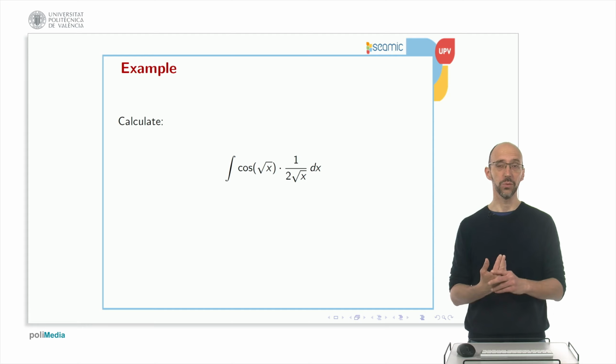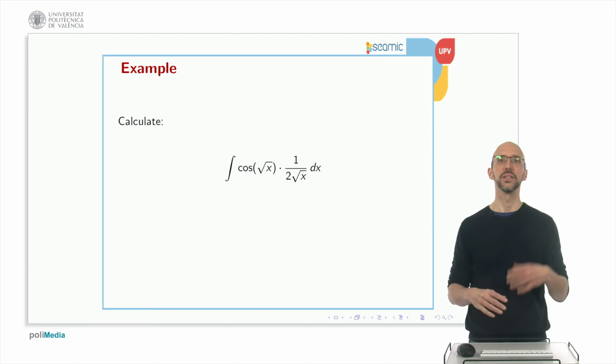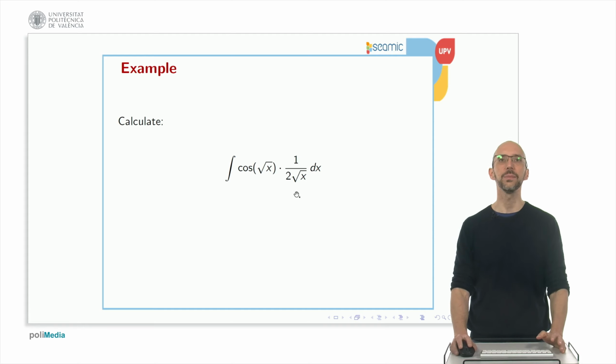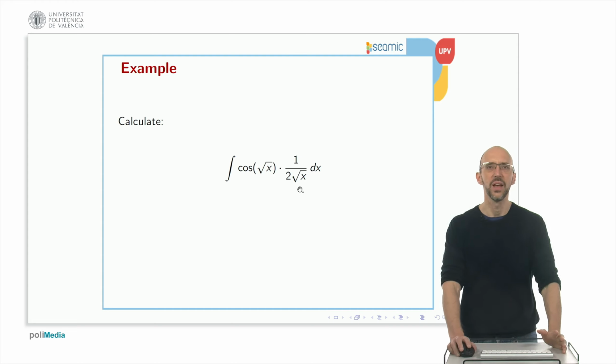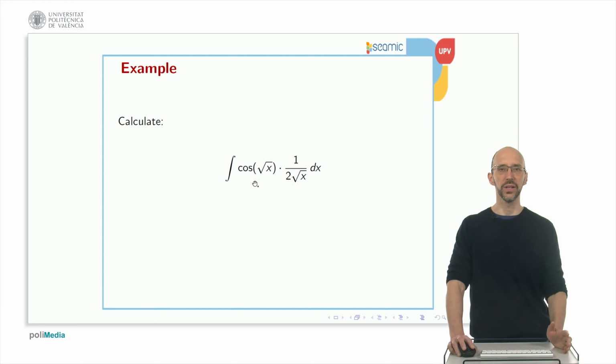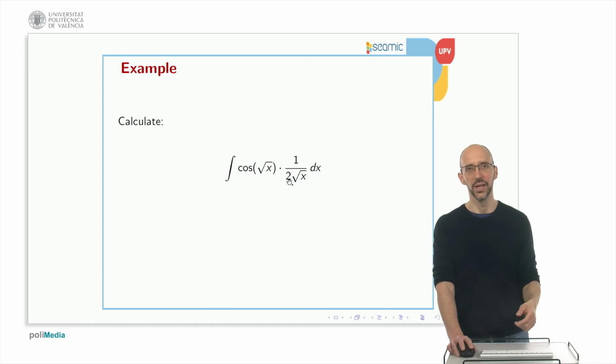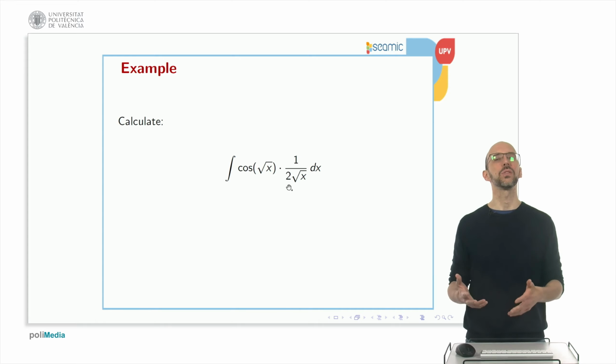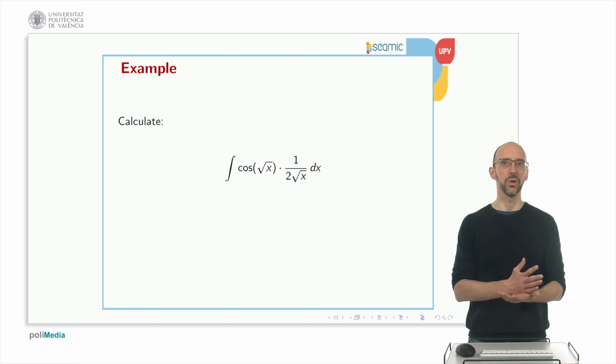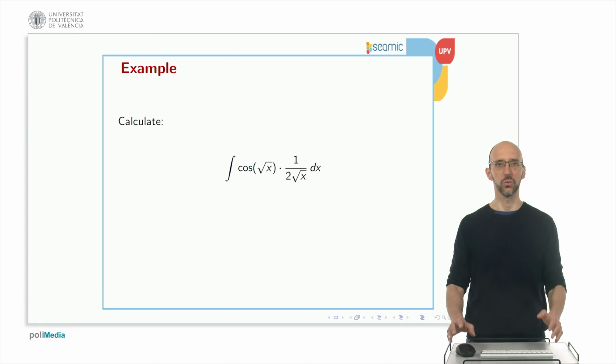The derivative of a square root of x, by the way, is just 1 over 2 times the square root of x. You can solve it in many ways. One way is x to the power 1/2. The derivative of x to the power 1/2, the 1/2 goes down, then it becomes x to the power minus 1/2, and then you can write it this way. But in my opinion, it's better if you remember that the derivative of the square root of x is 1 over 2 times the square root of x.